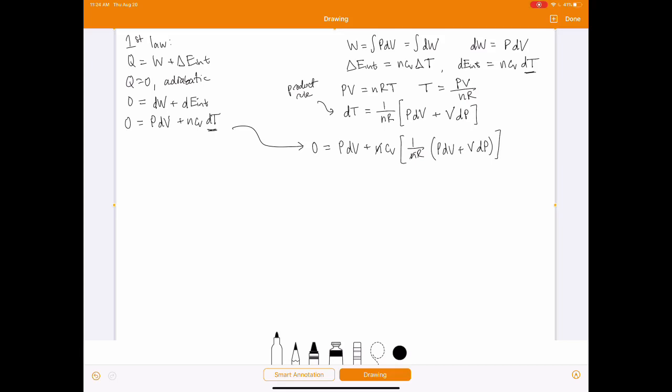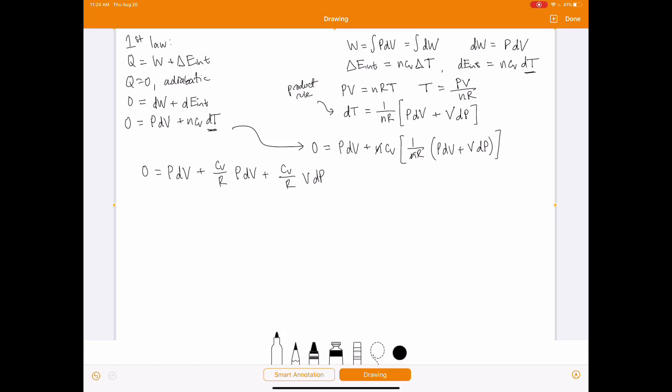Cancel out the n's, those go away. So to simplify, 0 equals P dV plus CV divided by R times P dV, plus CV divided by R again times V dP.